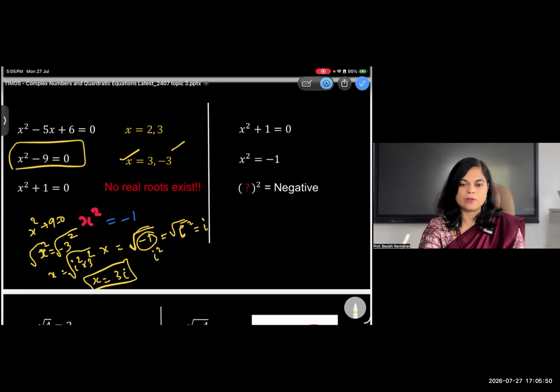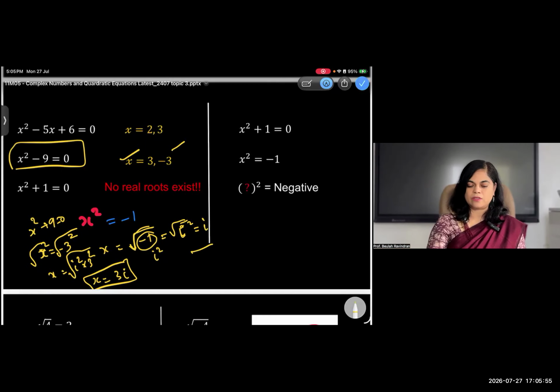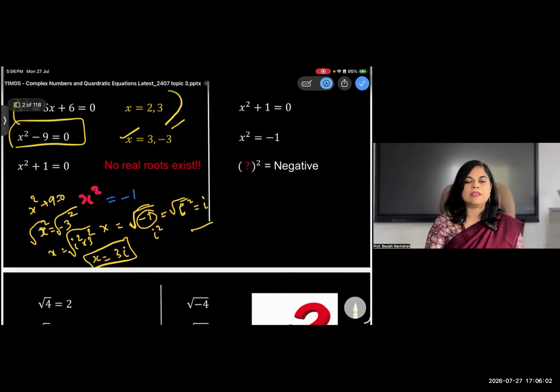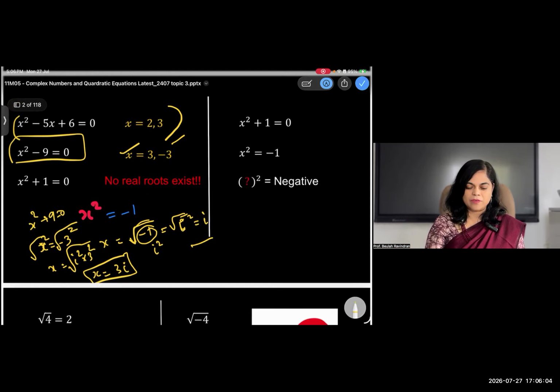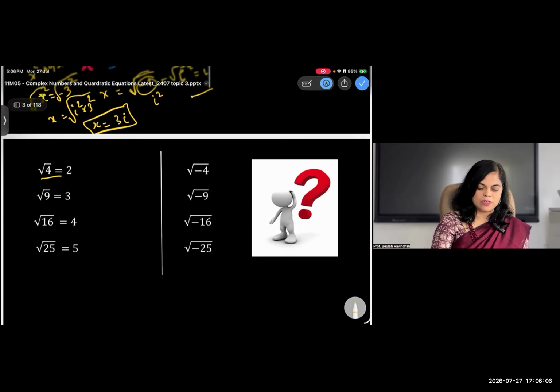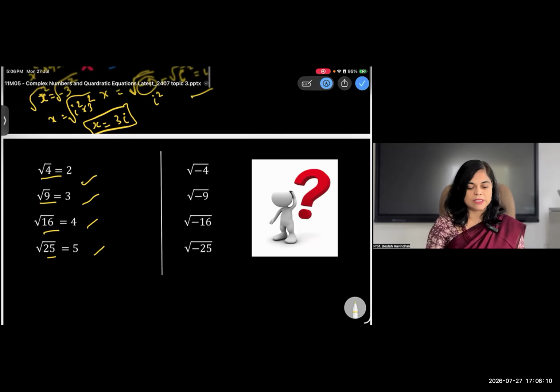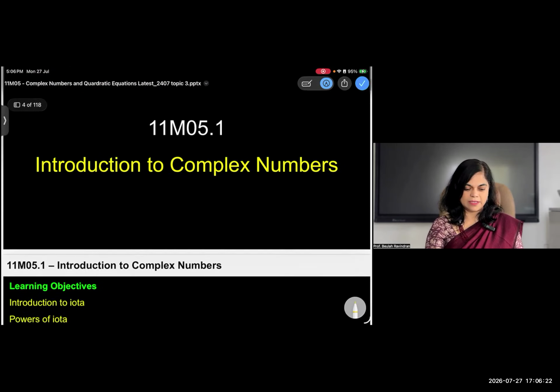This I is known as iota or imaginary. This is what we are going to study, how to solve these numbers. Hereafter you must understand that real numbers you can solve for the roots, and a negative number inside the root also has a solution. That is I square, that is iota or imaginary number.